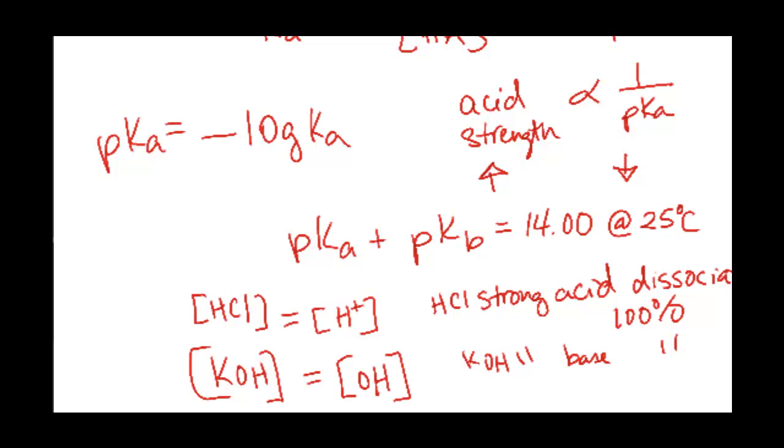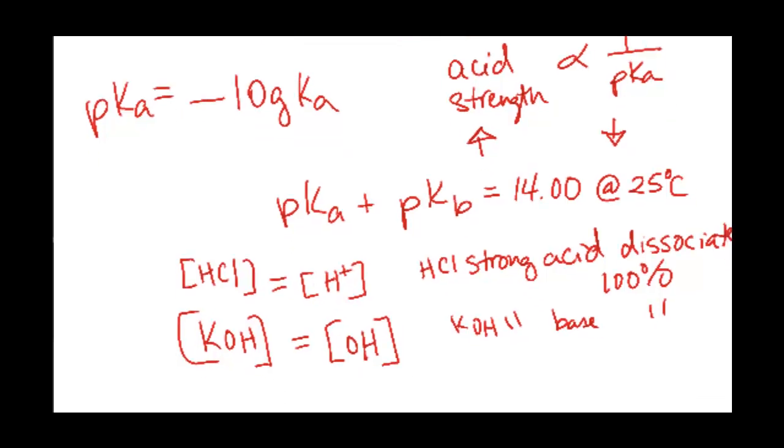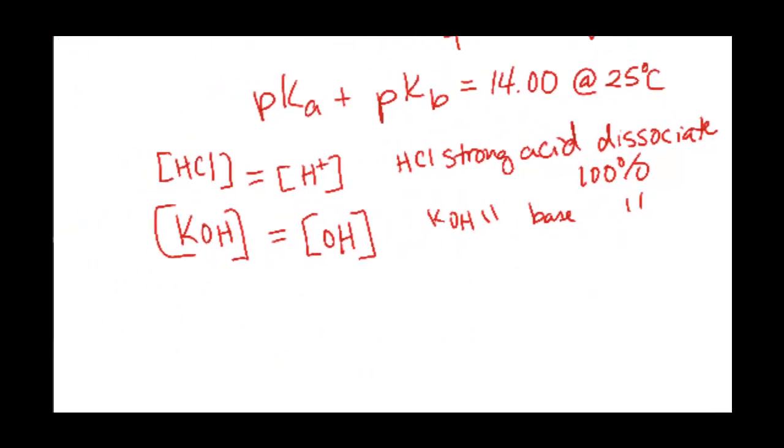There's going to be some calculations associated with Kas. Those are going to be a little bit more involved. They'll have your RICE table that we went over in the equilibrium chapter.